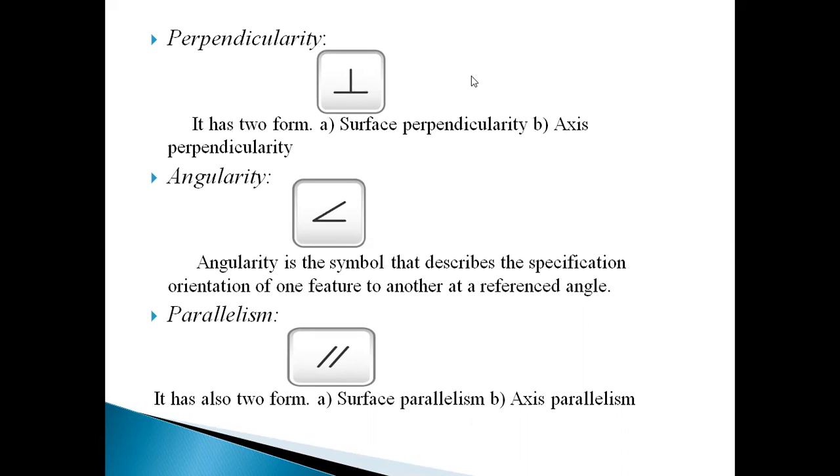Next one is angularity. Angularity is a symbol that describes the specified orientation of one feature to another at a reference angle. It is the condition of a surface, axis or center plane which is at a specified angle from a datum plane or axis.